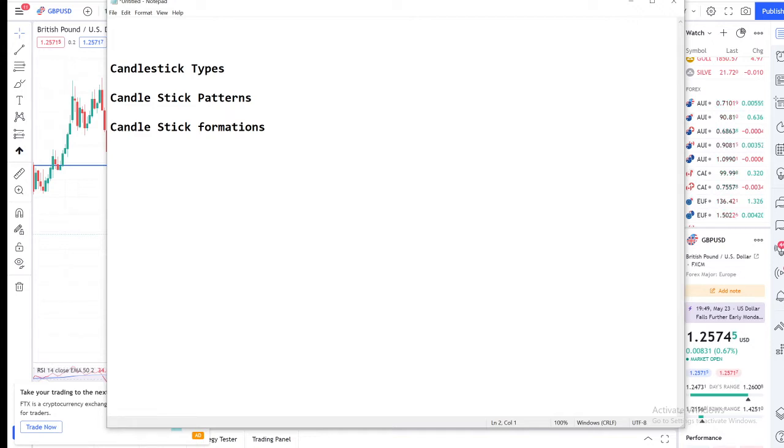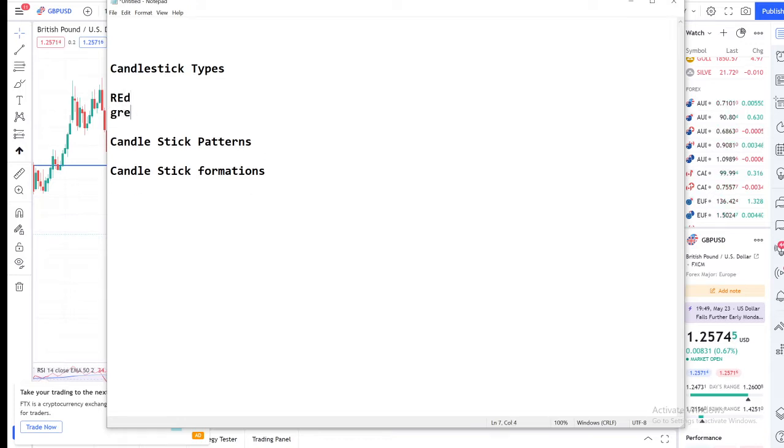Now I'm pretty sure the most obvious part of it is that we have the red candle and we have the green candle, right? I believe the red candle means sell, means sales are occurring, while the green candle means buys are occurring.